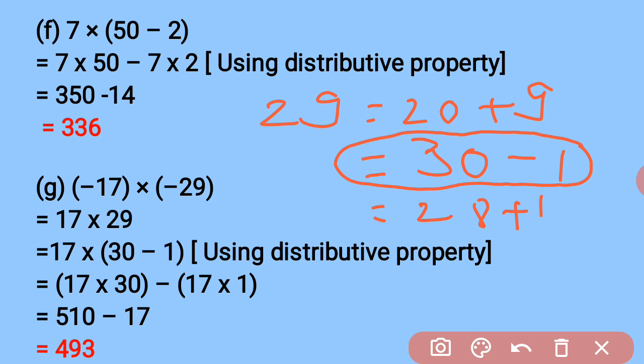Here, if I would have selected 20 and 9, I would have to multiply 17 by 20 and 17 by 9. In that case, my multiplication would have taken too much time. That is why we always select the easiest number.